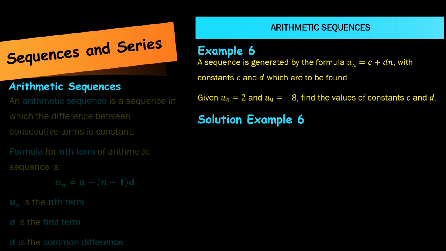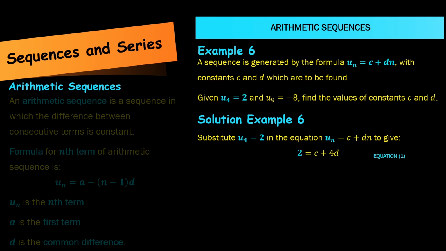We're going to begin by substituting u subscript 4 equals 2 into the equation for u subscript n. This will give us u subscript 4, which is equal to 2, equals c plus 4 times d, where n is equal to 4.